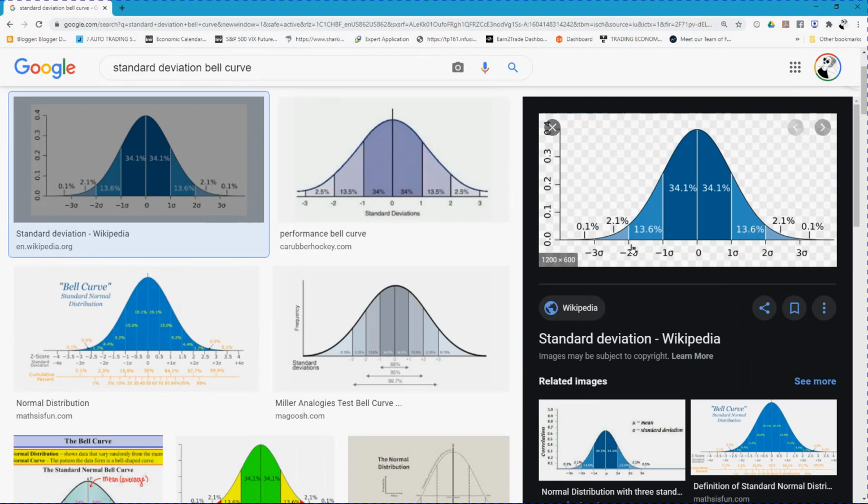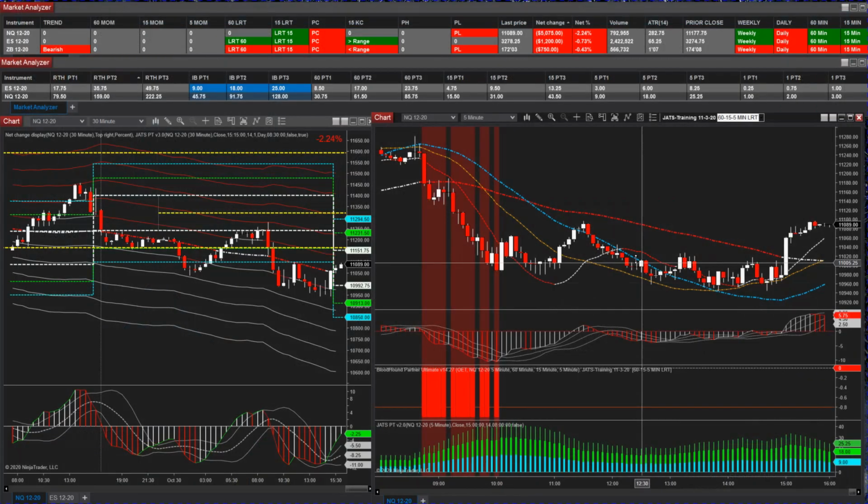Right here, the 2. So if it leaves the 1, or it's heading this way, the 2 usually is my go-to target. But definitely consider keeping it to the 3 if there's high momentum and a big event.